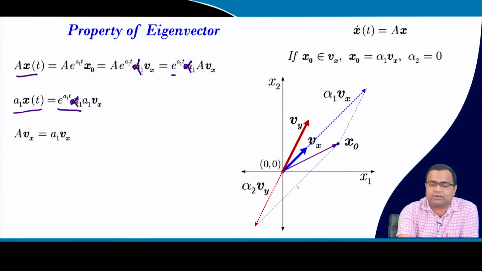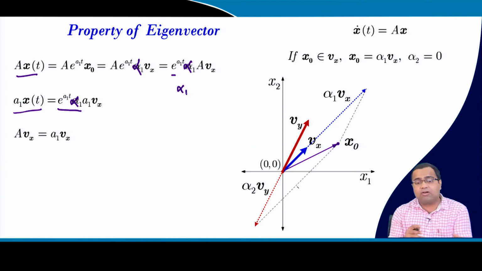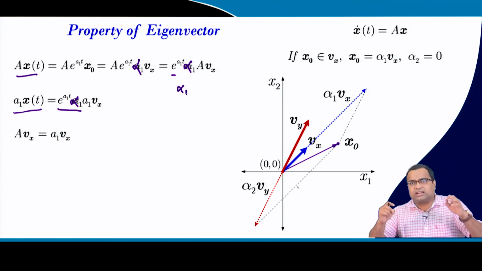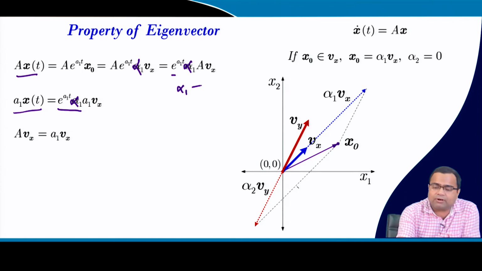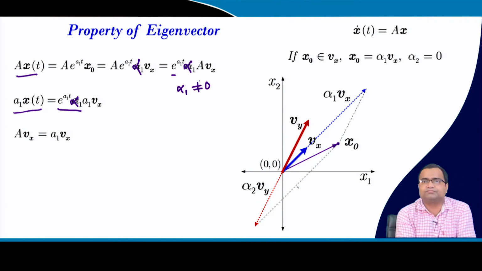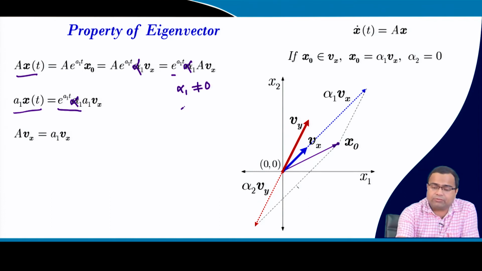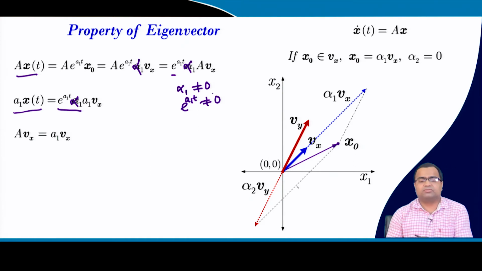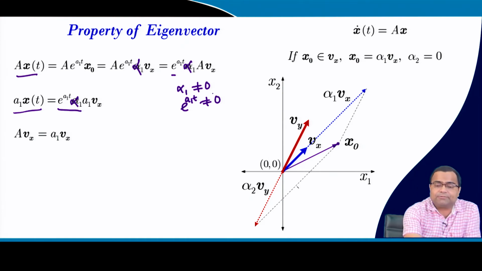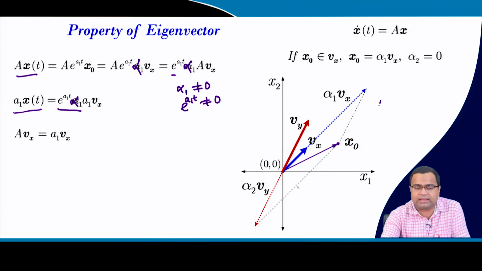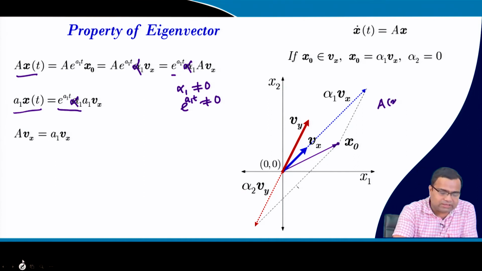Now, since we are taking along the vx axis, we are not starting at origin. So, alpha 1 is not equal to 0. E to the power a1 t, since we are talking about finite time, is also not equal to 0.